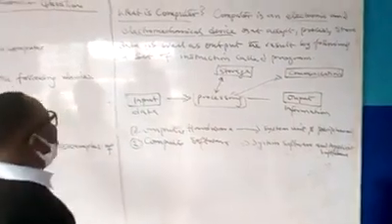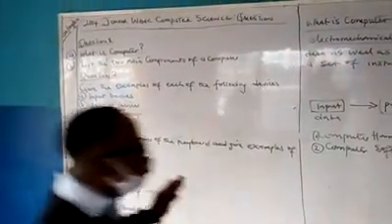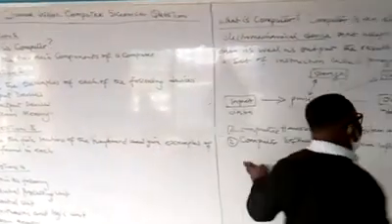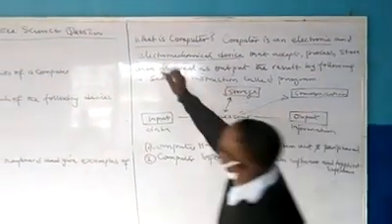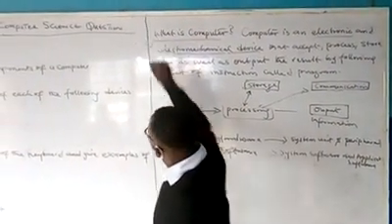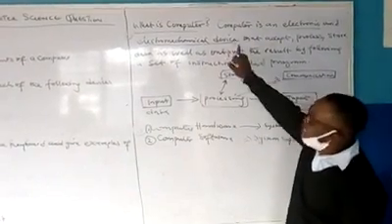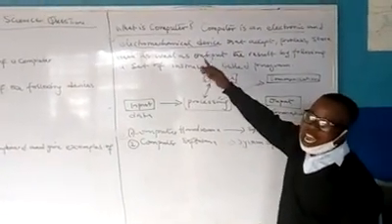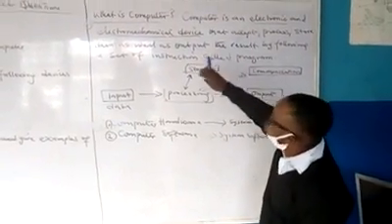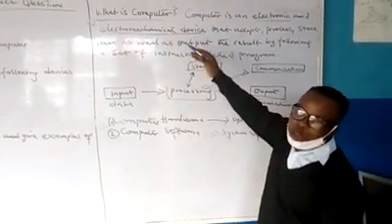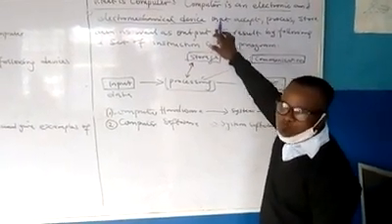So you see that you have fully answered question number 1. So you have your full marks. If question number 1 takes 10 marks, you have your full marks. Question number 1A and B. But if you only define a computer as an electronic device that accepts data, processes data, and brings it out as output information, they will give you half mark because you did not explain what makes those functions work.